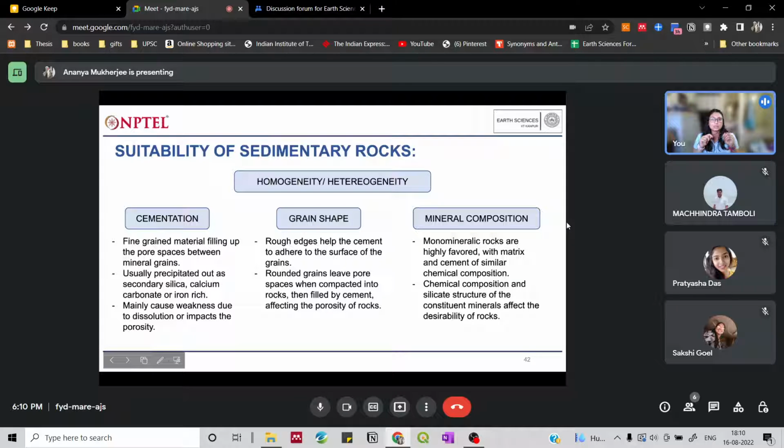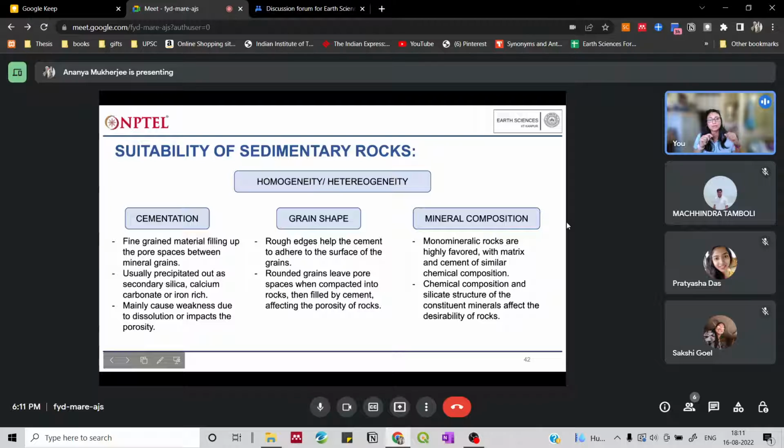Cement is the material that is precipitated out and fills the pore spaces between different sediments or mineral grains. It holds all the grains or rock fragments together. So cement is an essential part of most sedimentary rocks.